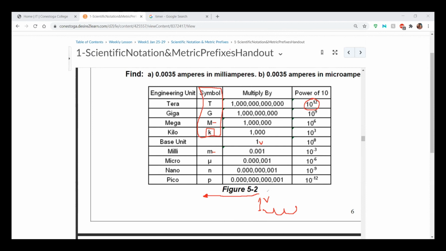Just keep in mind, when I want to convert from the unit to a small quantity, I skip my decimal point to the right. I fill in the gaps with zeros, so we have 1,000 millivolts.